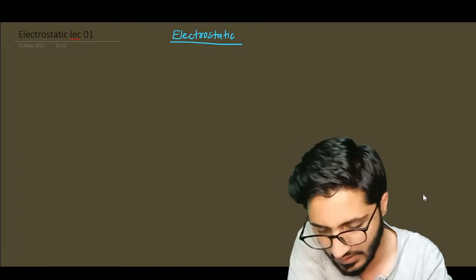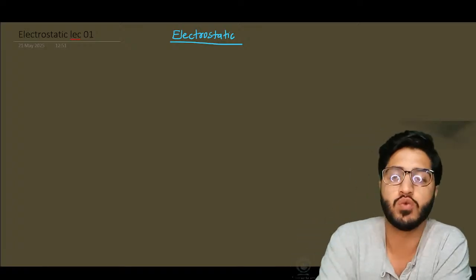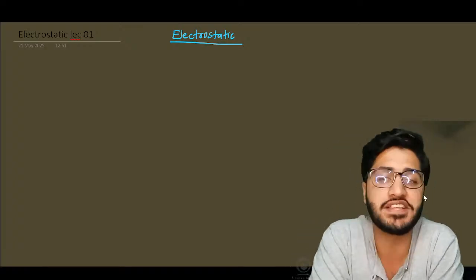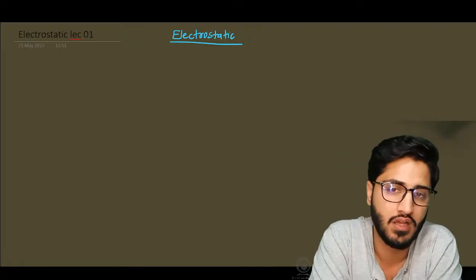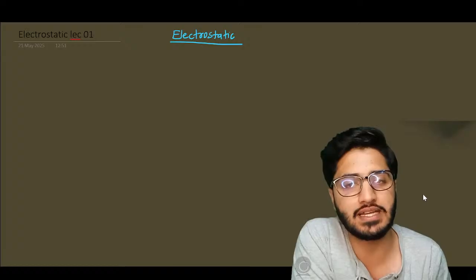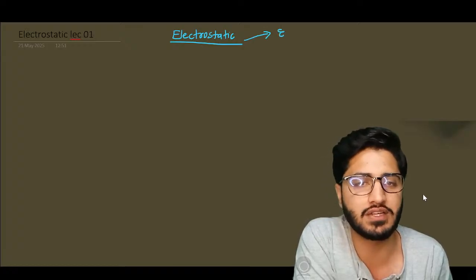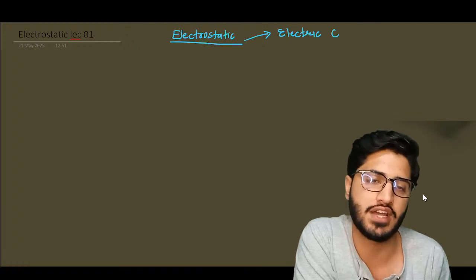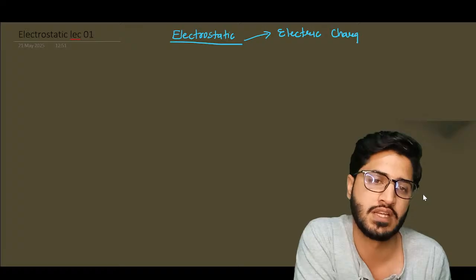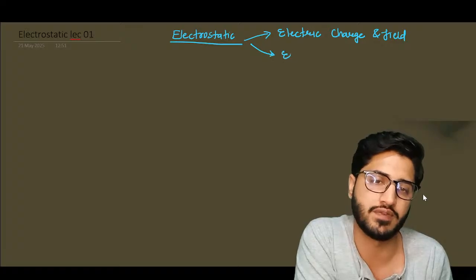Hello beta, Abdul Kalam. Electrostatic, clear. But you won't find any chapter in your NCERT with this particular name. The names are electric charge and field, and electric potential.